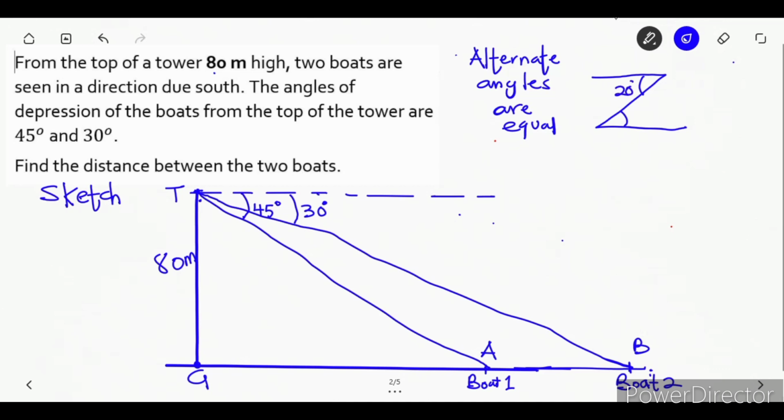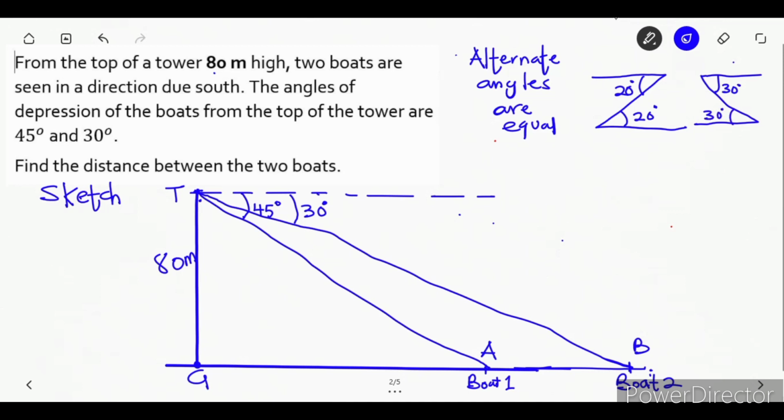So if this is 20, for instance, this corner will also be 20, and if I invert the Z this way, if this is 30 degrees, this corner also will be 30 degrees.